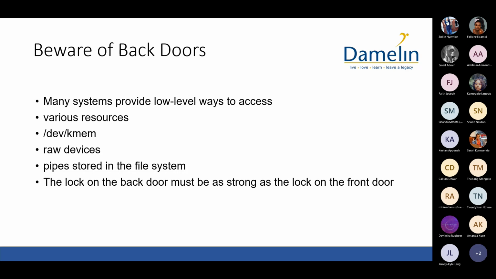So backdoors are also a problem. Why? Because backdoors are left there intentionally by developers. Okay, the reason why this happens is because they need a way to access the file system remotely.